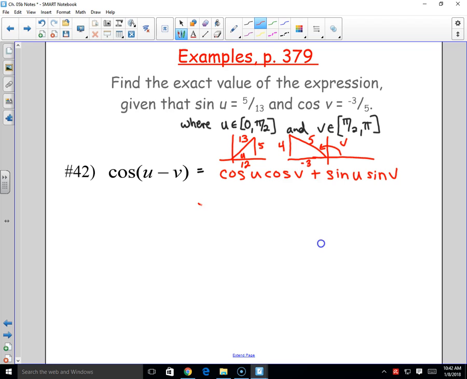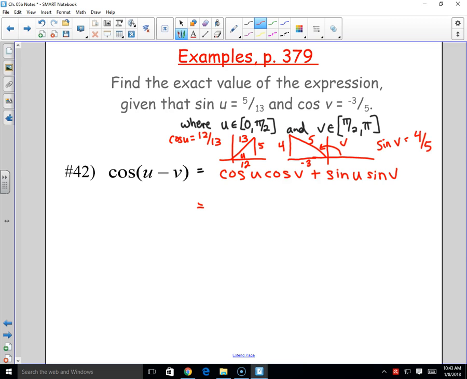Yeah, what is cosine of u? Look at the u triangle, and what would cosine be? 12 over 13. Adjacent over hypotenuse. So looking at this triangle, I know that cosine of u is equal to 12 over 13, so I'm going to substitute. I already know cosine of v because it was given. Sine of u, I already know because it was given. And sine of v, I can look at the triangle and say, well, who is sine of v? 4 over 5.